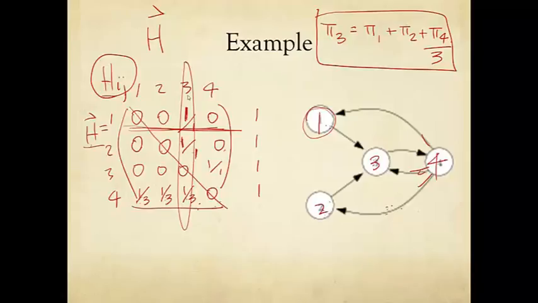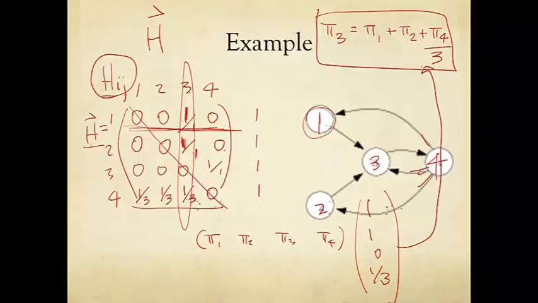It says that pi 3 really is pi 1 plus pi 2 plus pi 4 times 1 over 3. In other words, if I give you a row vector, pi 1, pi 2, pi 3, pi 4, and I ask you to multiply with the third column of this matrix, which is 1, 1, 0, 1 over 3.